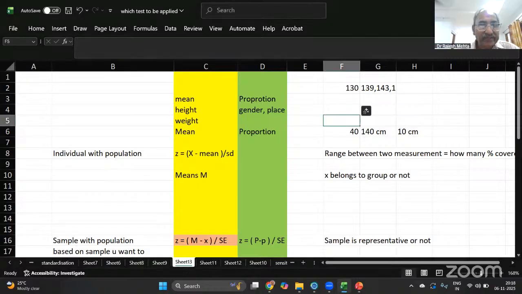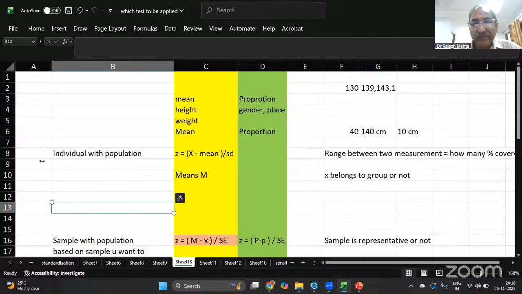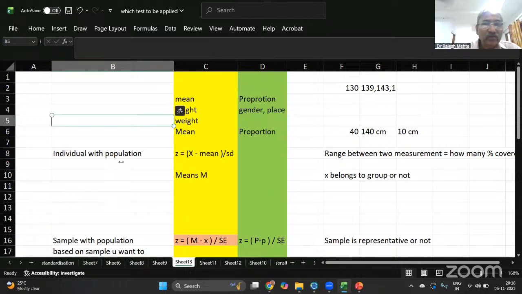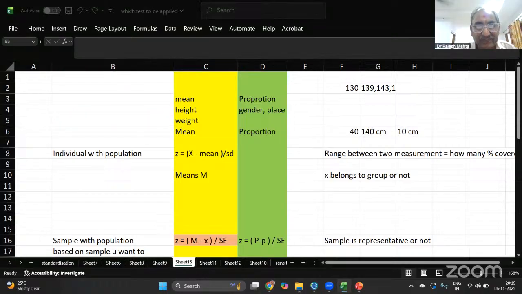Now another question is, if you want to find out the population parameter based on a sample, what is to be done for that? I give you an example over here. There is a 10,000 population, and you want to find out whether the people are happy or not.